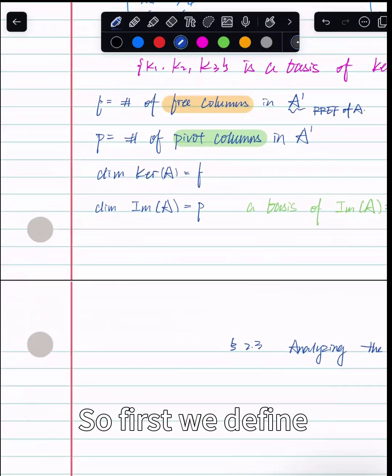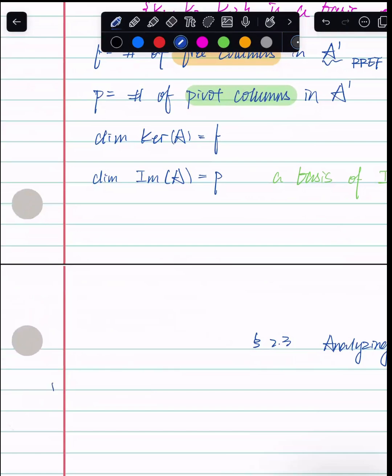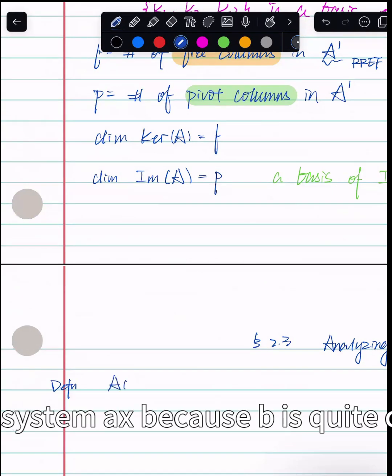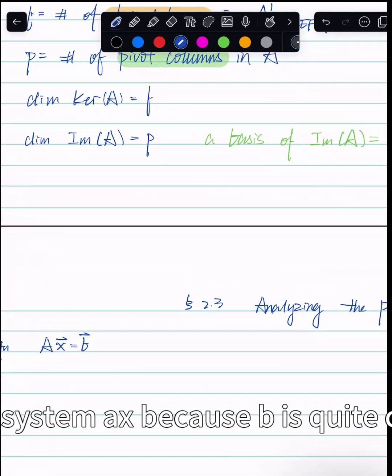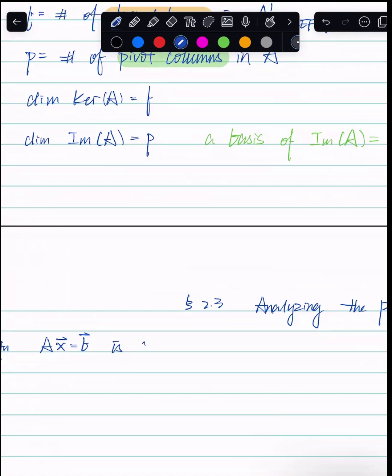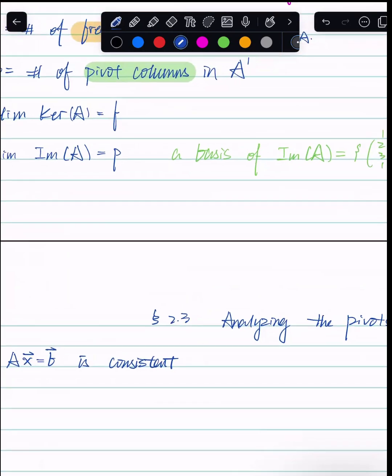So first we define the linear system AX equals B is called consistent if it has a solution.